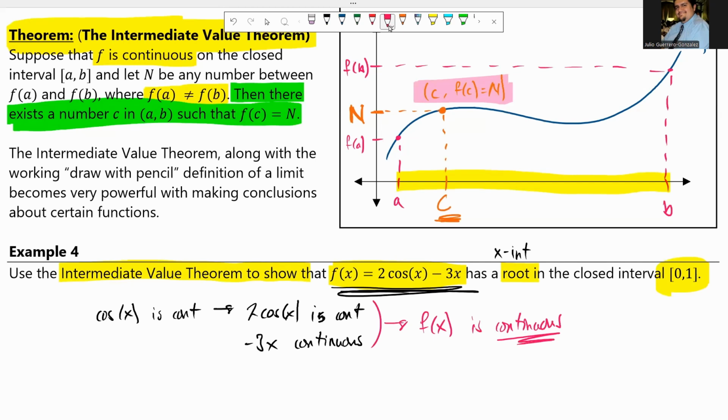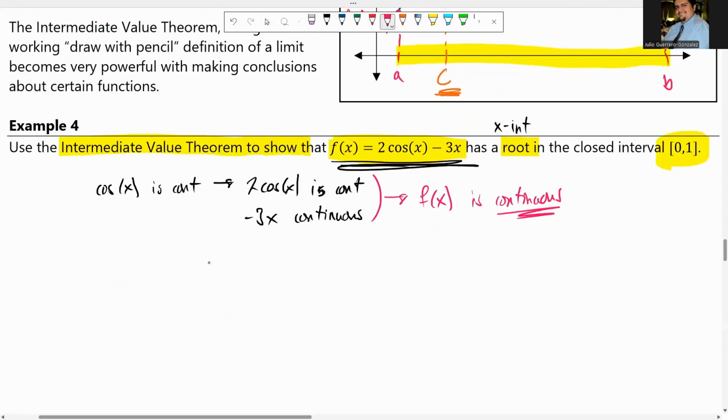Okay, we have that. Now, how do we actually use the intermediate value theorem? Here we go. I'm going to scroll down a little bit. I'm going to compute two values, f of 0 and f of 1, and I'm going to throw them into Desmos. When you do f of 0, that is 2 cosine of 0 minus 3 times 0, which is equal to 2.